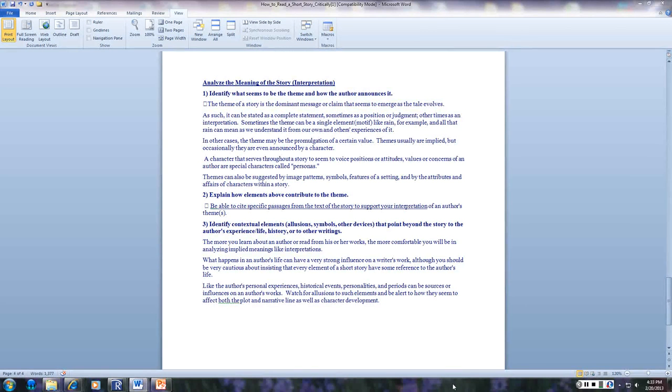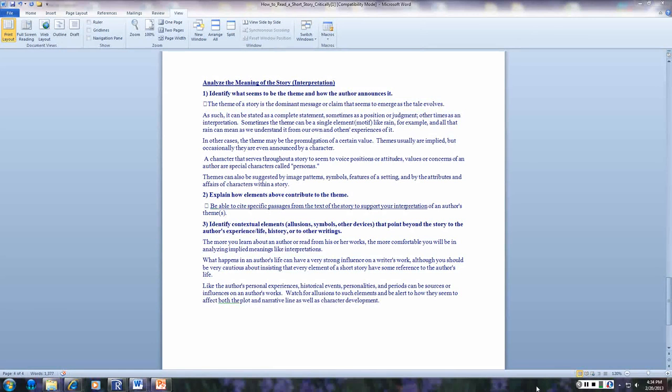We identify what we think the central or dominant message or claim seems to be. All stories do not have lessons, they do not teach morals, but there may be something that is presented in such a way that we carry that value out of the story. We may see the theme in the patterns of images, in the symbols, in the settings, in the characters.